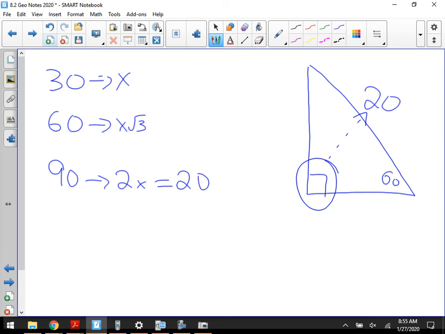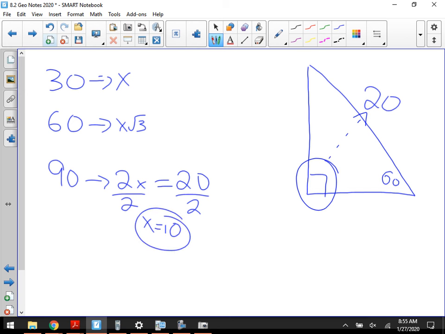What do I do to solve for x? This is the pattern that always occurs. This pattern will always be here. Isn't that a one-step equation? Divide by 2, right? So what's your value of x?